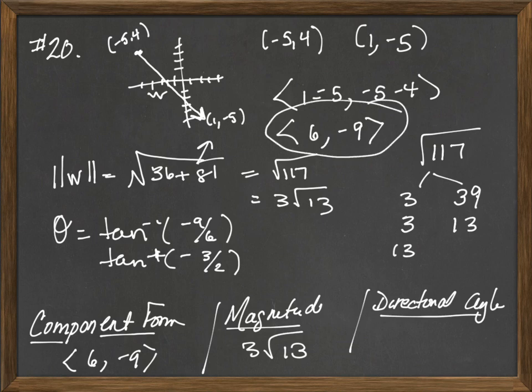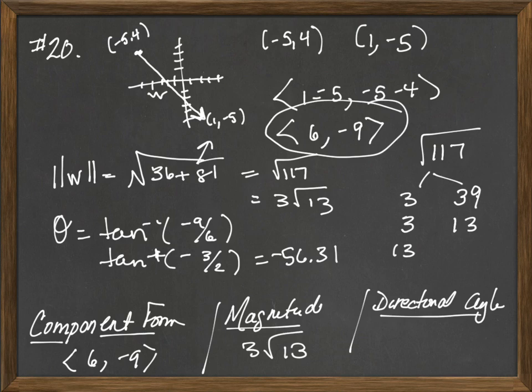That would be quadrant 4, right? So we have to keep that in mind when we take the inverse tangent of -3 halves. So -3 divided by 2 is -56.31. Okay, now that is a negative in quadrant 4.